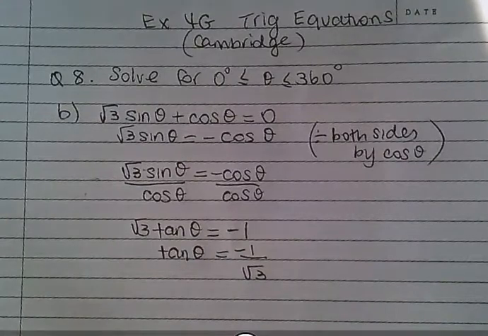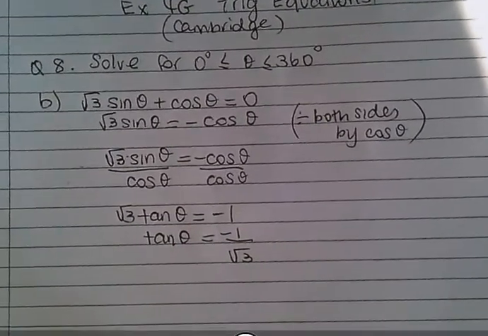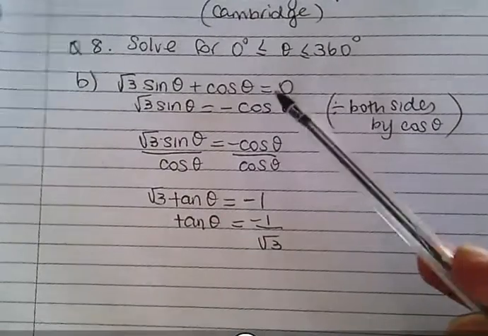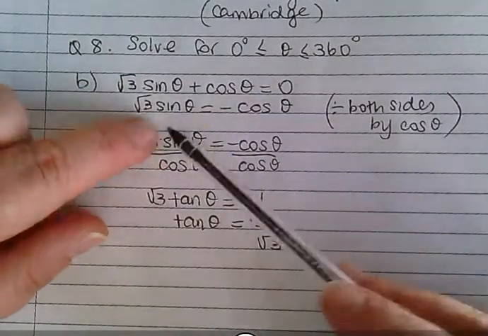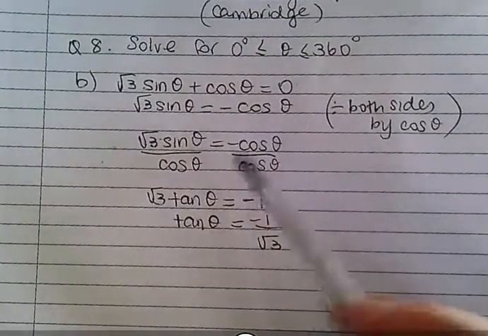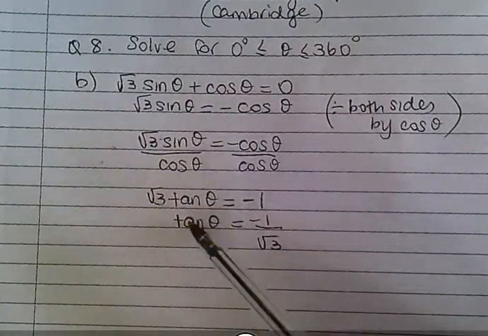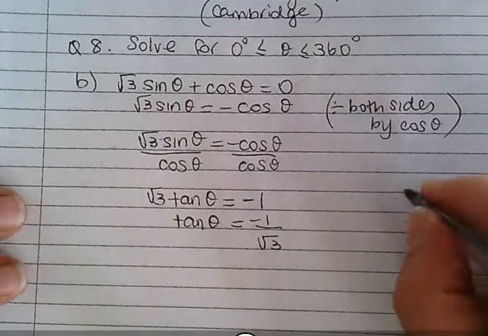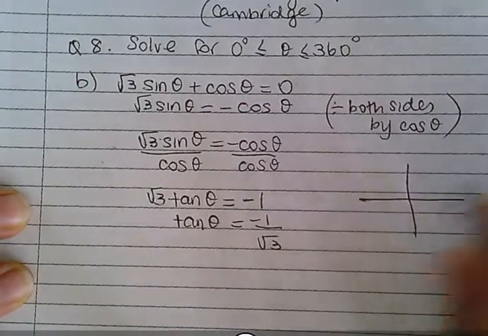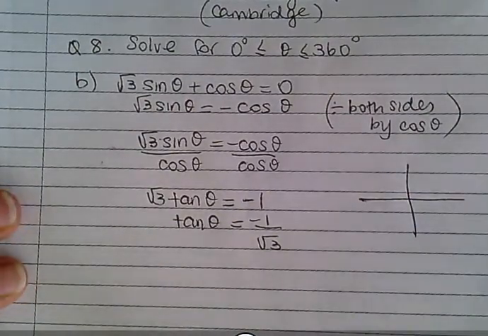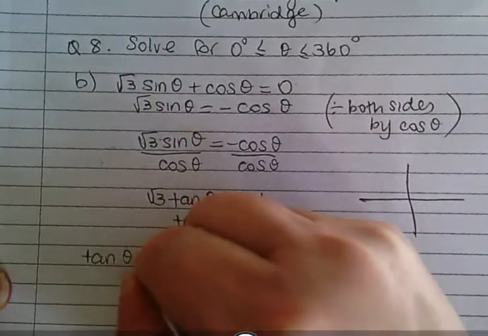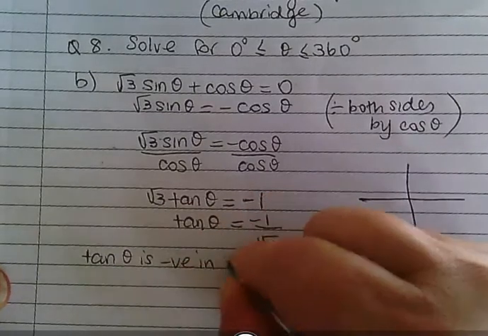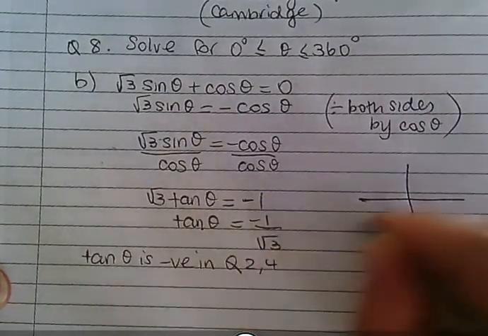Okay? So where you've got sine and cos in your equation with an equals 0, or if you've got sine theta equals cos theta, or sine theta is negative cos theta, divide through by cos and you'll get tan. And now we're just solving tan theta is negative 1 on root 3. So what are our 3 steps? First step is, what's the negative for? Tan theta is negative in quadrants, what? 2 and 4.